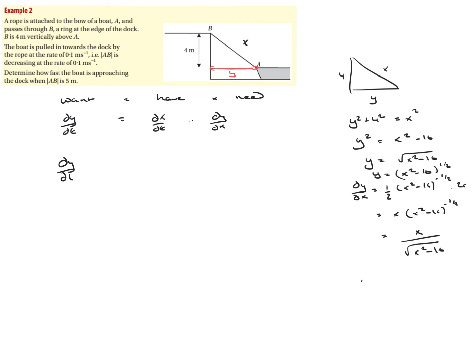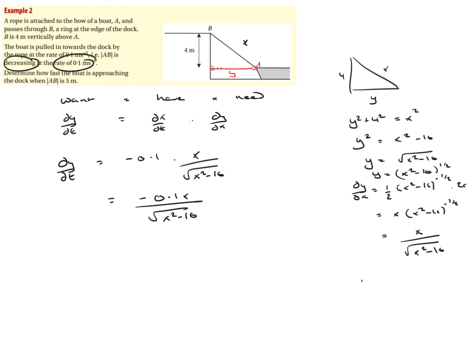So dy/dt here is equal to dx/dt, which is minus 0.1 from here. Okay, so it's decreasing, so it's minus 0.1 multiplied by dy/dx, which we've just worked out, which is x over the square root of x squared minus 16. That then is equal to minus 0.1x on the top, all over the square root of x squared minus 16.